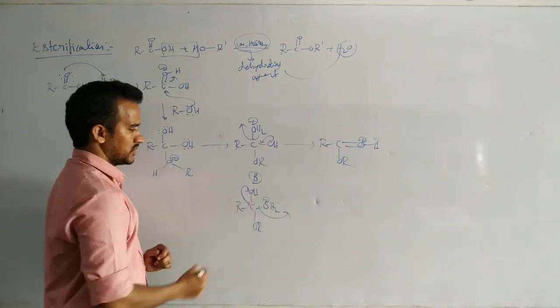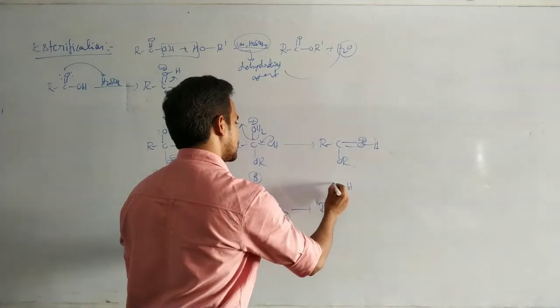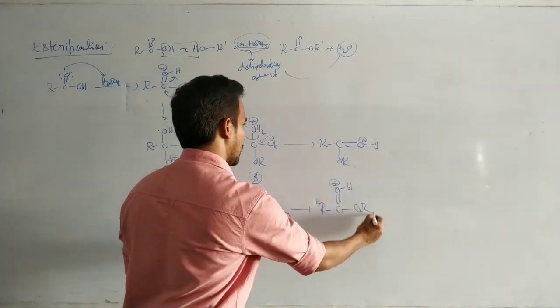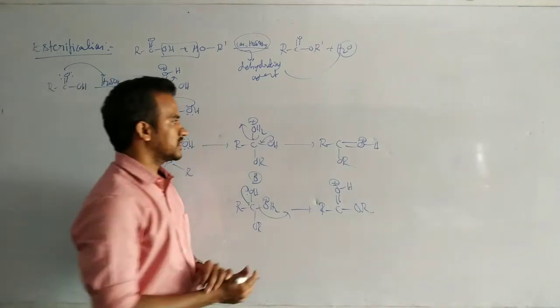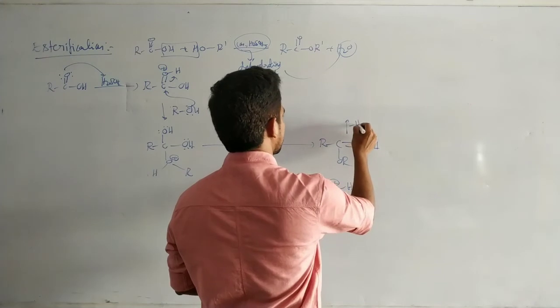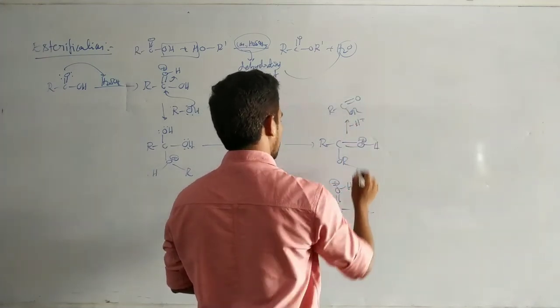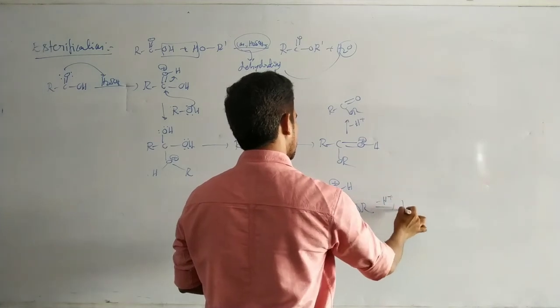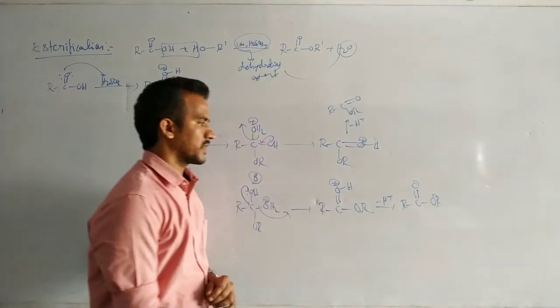Next, the OH lone pair of electrons can form the pi bond, double bond O, H+ and OR. So that is the ester molecule. Then the loss of H+ gives RC double bond O and OR. And from the other also, loss of H+, RC double bond O, OR.